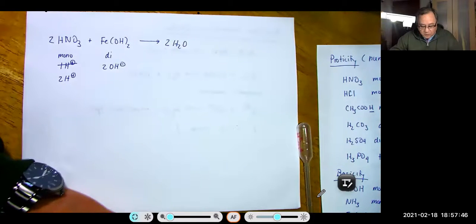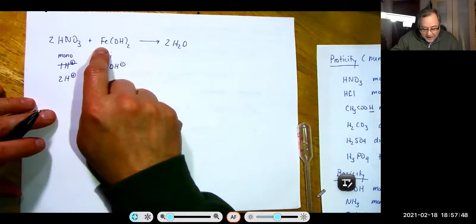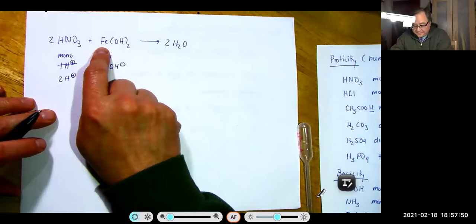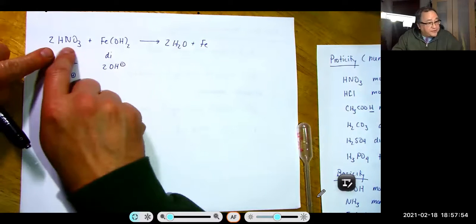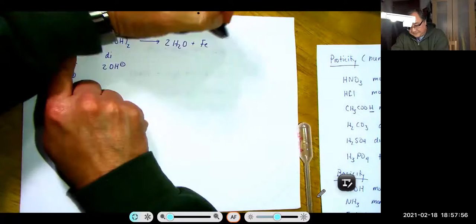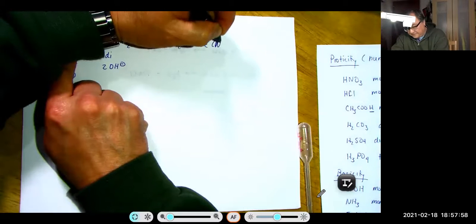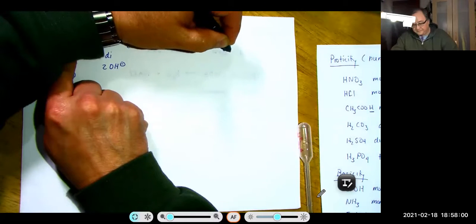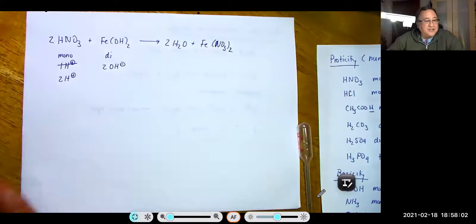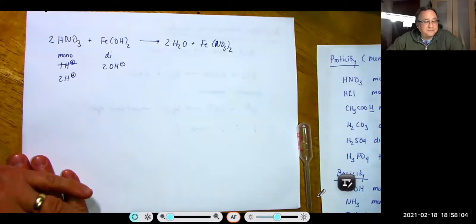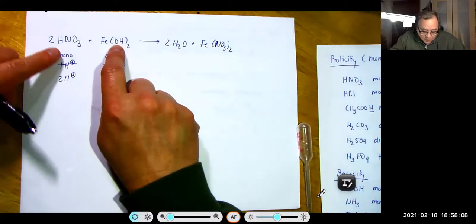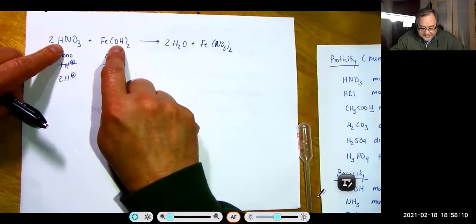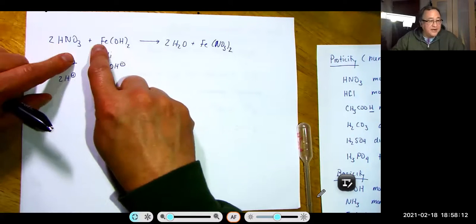Now let's take a look at what's left over. Can everyone see that there's an iron ion left over? And there's 2 nitrates left over. There's your balanced reaction. So after I used the 2 hydroxides and the 2 protons, all I did was take the rest of them and put them together.